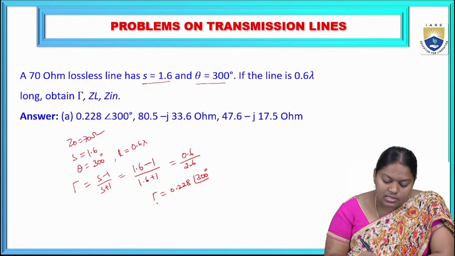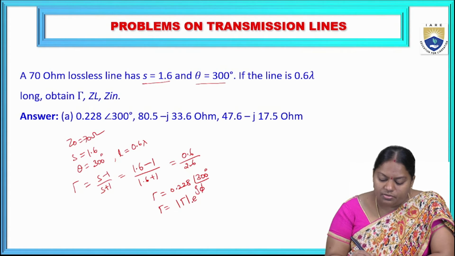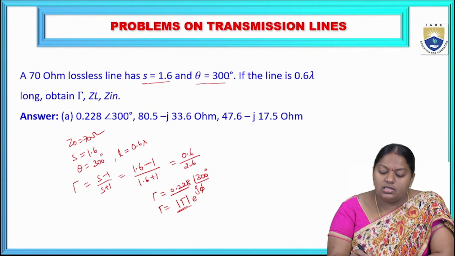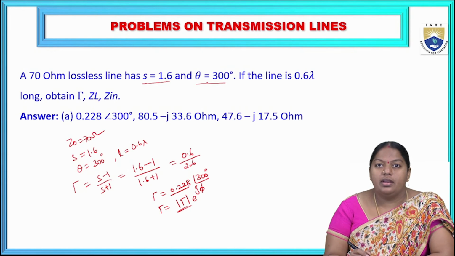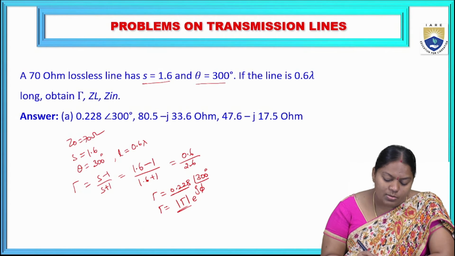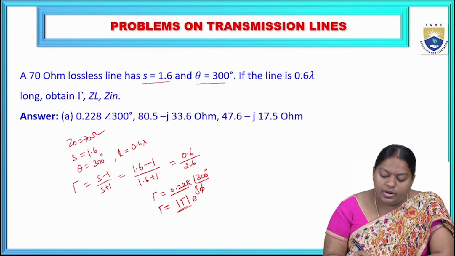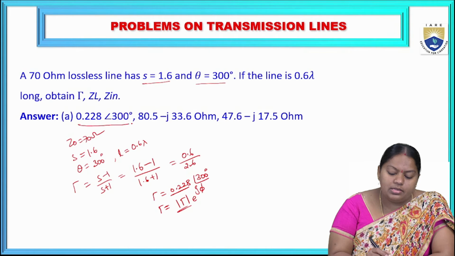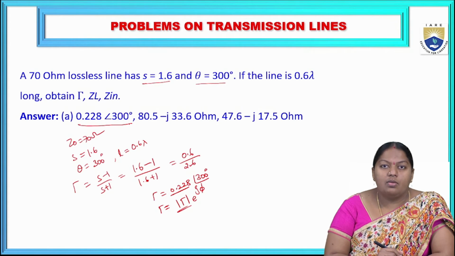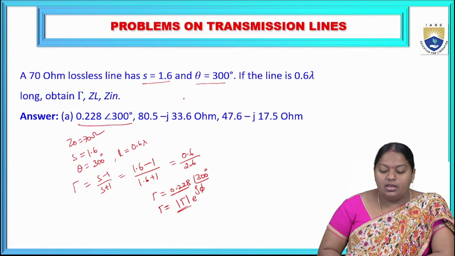Why? Because this gamma can be written as modulus of gamma into e power j theta, right? So modulus of gamma means its value is 0.228 and the phase angle theta is given as 300 degrees. So gamma is equal to 0.228 at an angle of 300 degrees, obtained as reflection coefficient gamma by using standing wave ratio as 1.6 and the phase angle as 300 degrees.